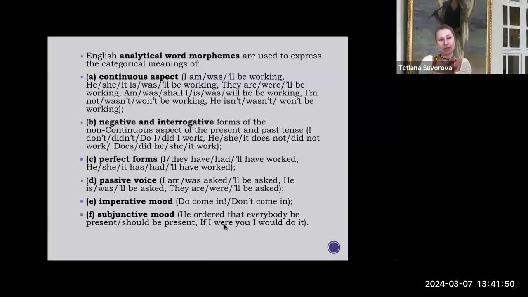May I be happy? Нехай я буду щасливою, so equivalent in Ukrainian. May you be happy? But I be happy, you be happy, it's a little bit high because it's old-fashioned, you see? And of course, not in all contexts. If you speak with your friends, of course, you shouldn't use I be happy, you be happy.